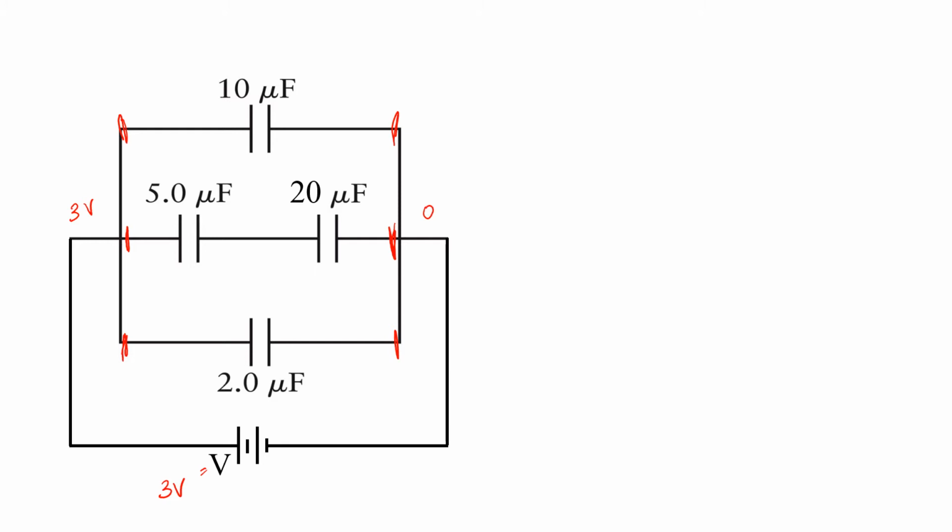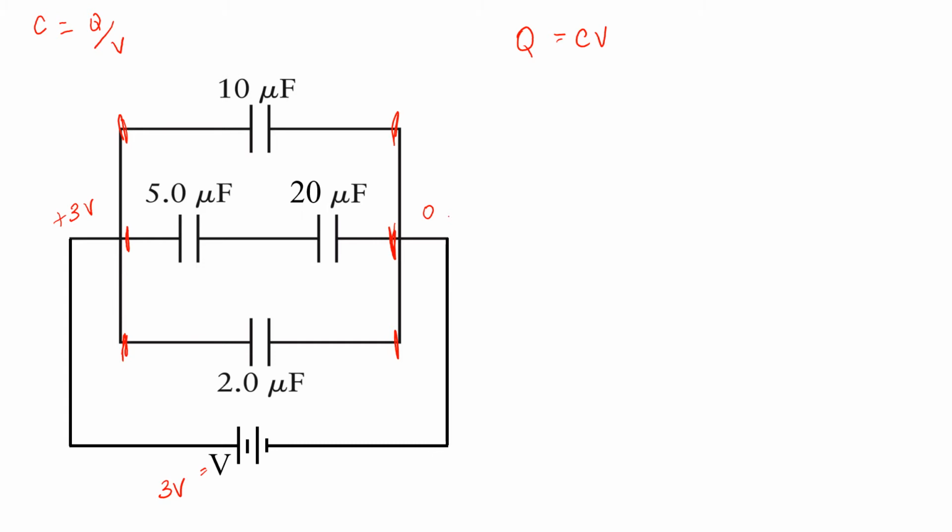So this side is 3 volts higher than this side. That allows me to think about how much charge is stored on each one of these. So if I want to know the charge stored, I go back to my original relationship, the charge stored per volt. Take the capacitance times the voltage.